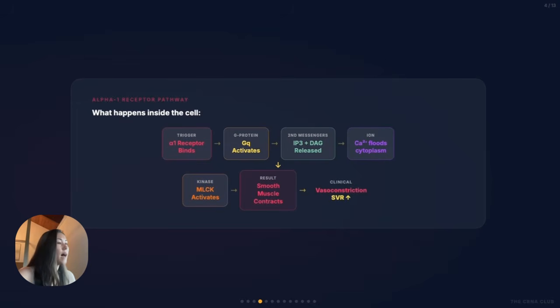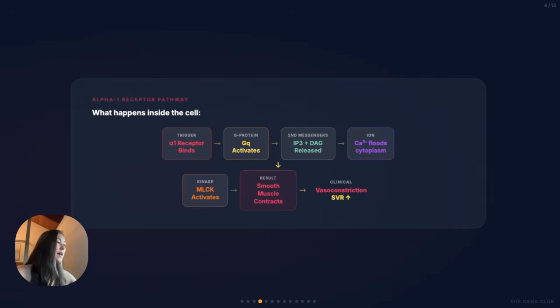So let's talk about the alpha-1 receptor. The alpha-1 receptor sits on vascular smooth muscle cells, the cells that make up the walls of your arteries. So when norepinephrine binds to an alpha-1 receptor, it activates a G-alpha-q protein inside the cell. That Gq protein triggers phospholipase C, which splits a membrane lipid into two second messengers, IP3 and DAG.